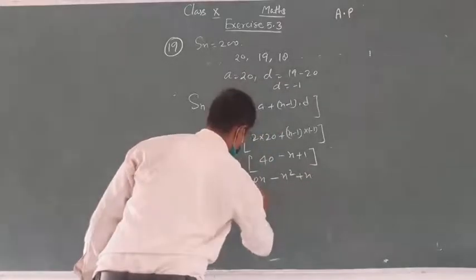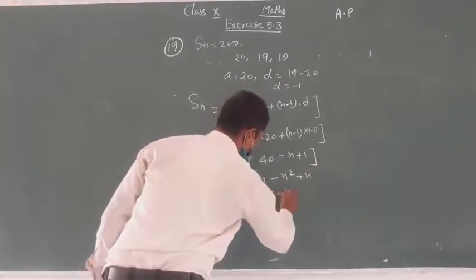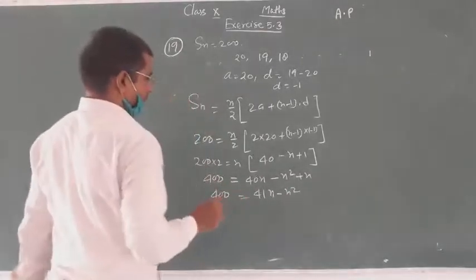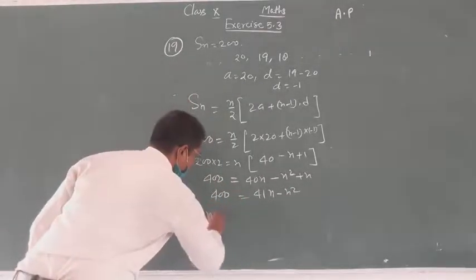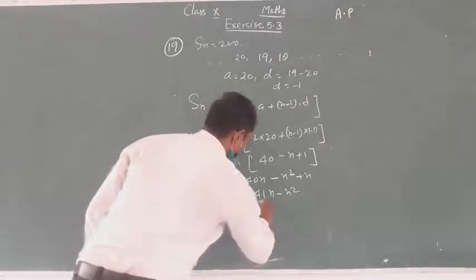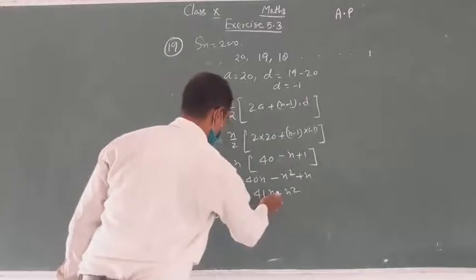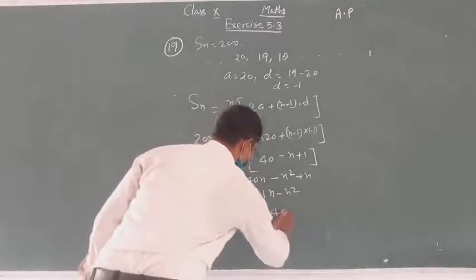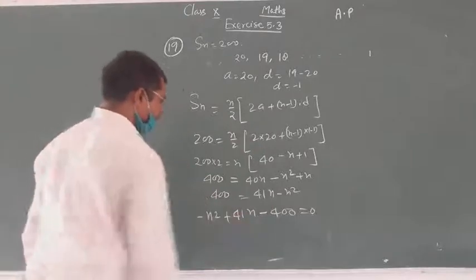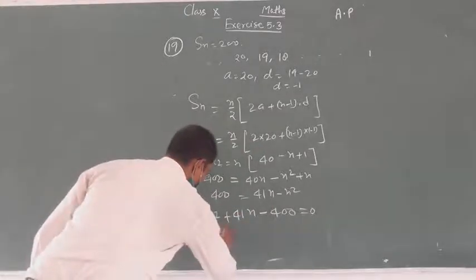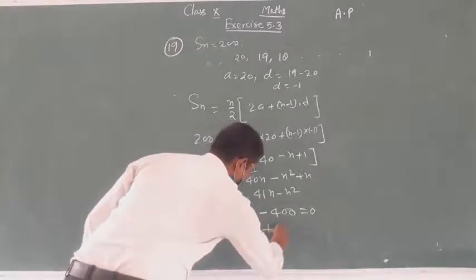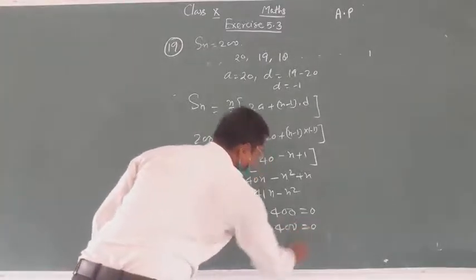So 41n minus n square, and 400, or minus n square plus 41n minus 400 is equal to 0. Multiply by the negative sign, so n square minus 41n plus 400 is equal to 0.